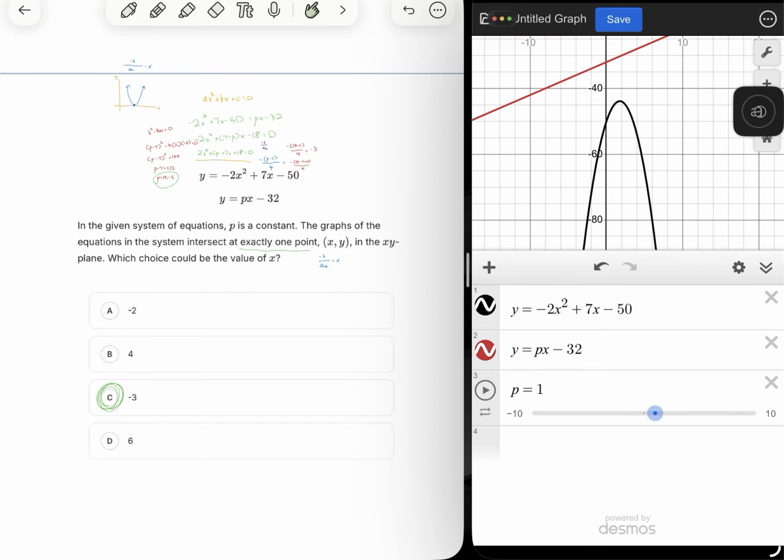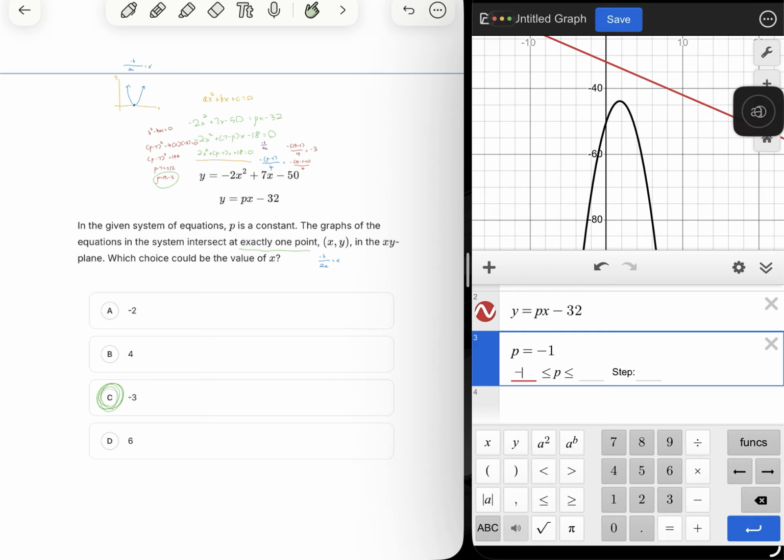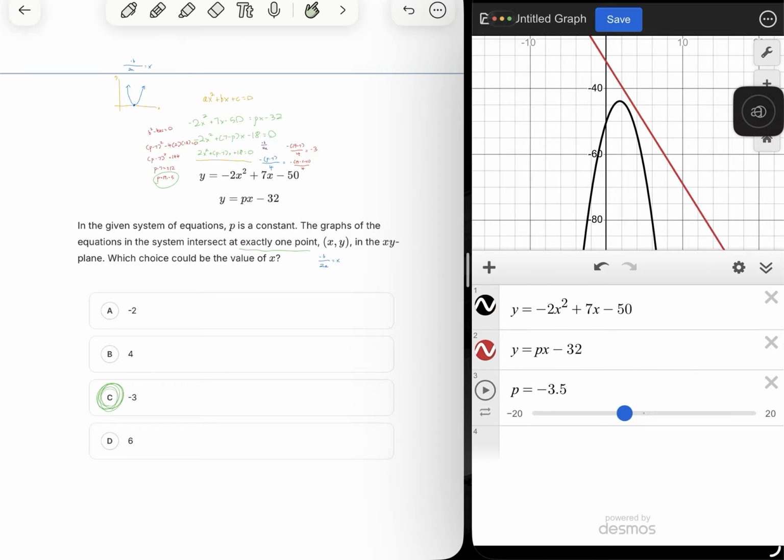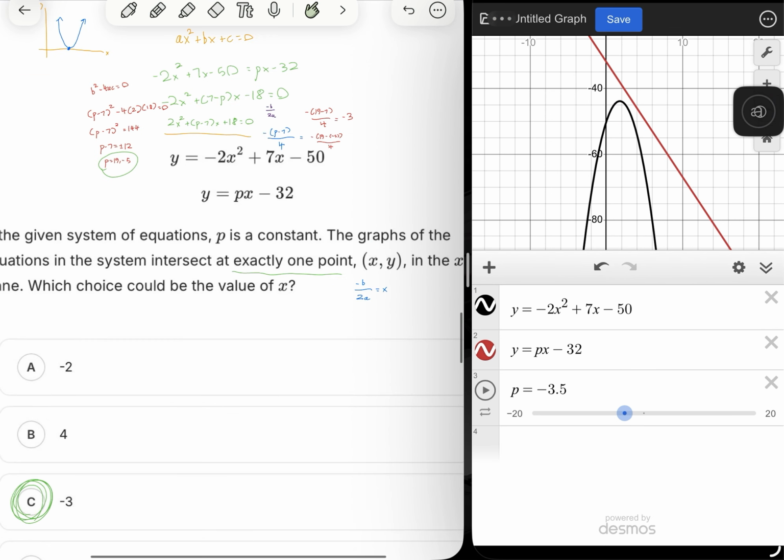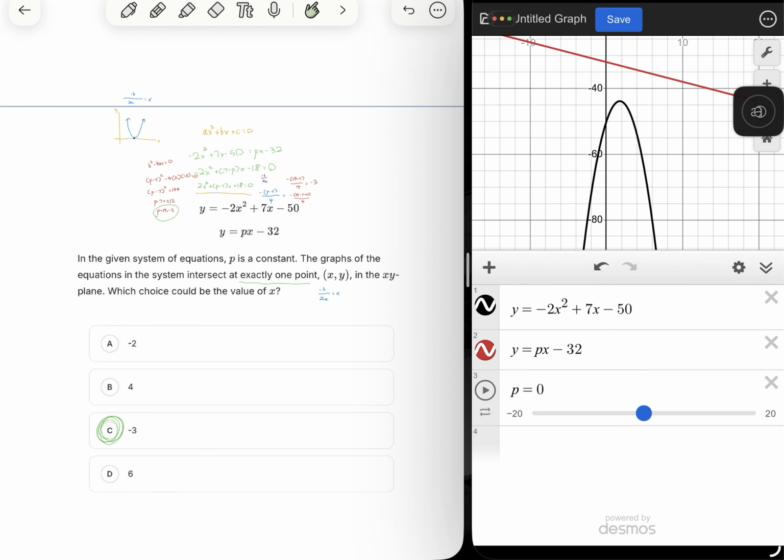What you'll notice is, if you play around with this value of p, make a bigger range for p so it gives you more opportunities to get the solution, you're trying to find where it has 1 point as a solution. So just change the value of p until you see these two graphs only intersect at 1 point.